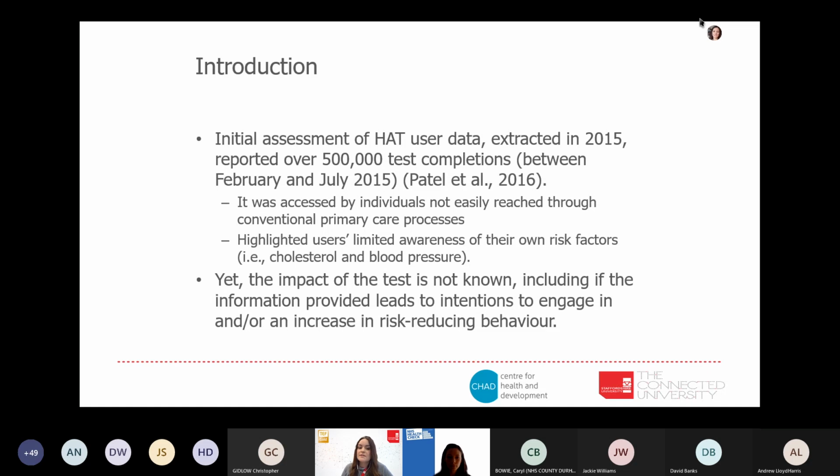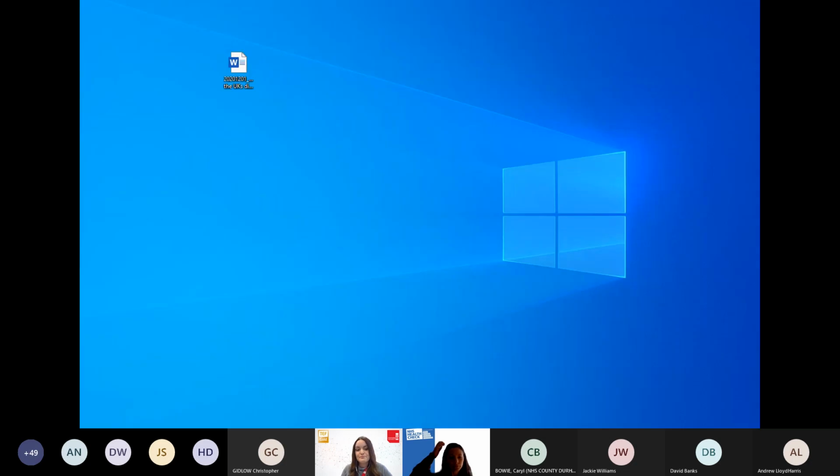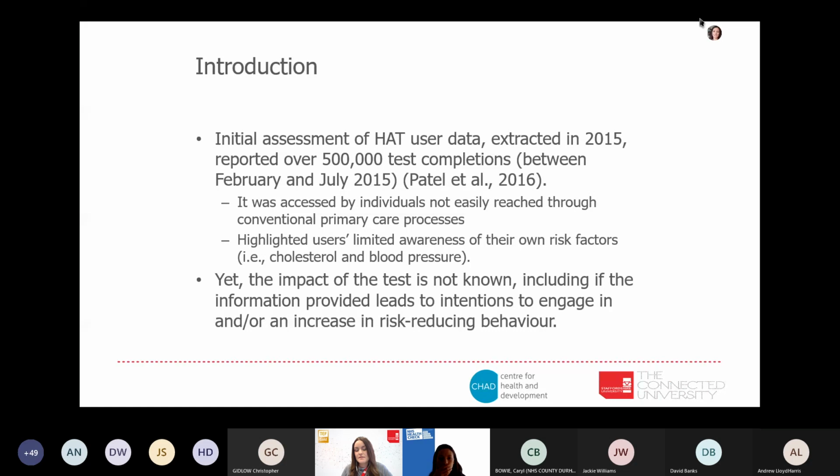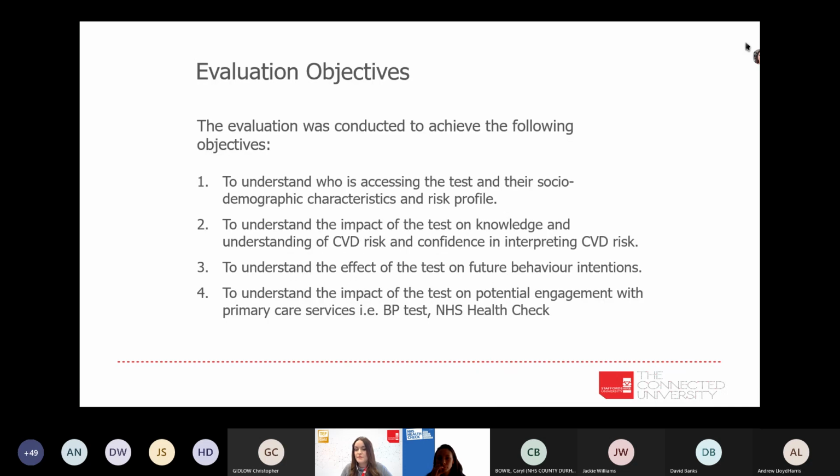And it highlighted users' limited awareness of their own risk factors such as cholesterol and blood pressure, as Jade has just shown you that the heart age test requires. Yet the impact of the test was not known up to us doing this evaluation, including information that leads to or increases risk reducing behaviour, or people's perceptions and understanding of their heart age.